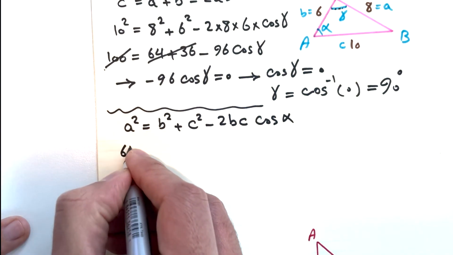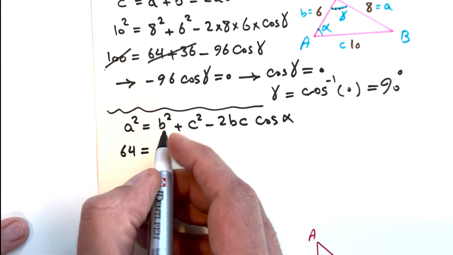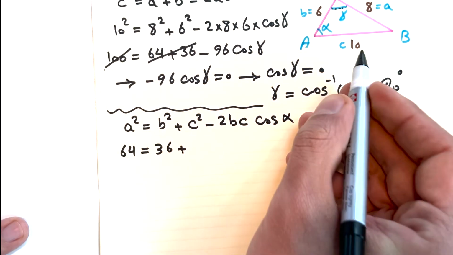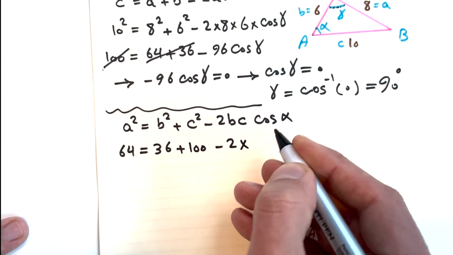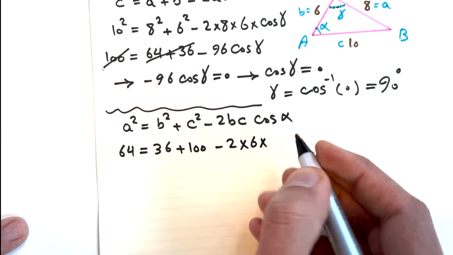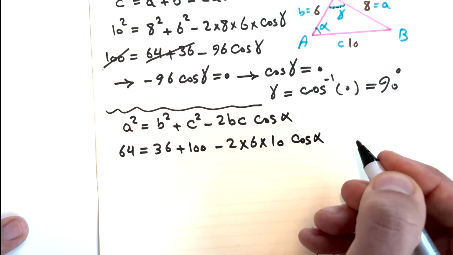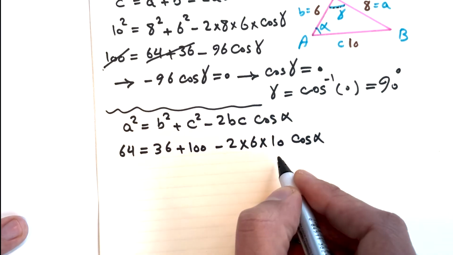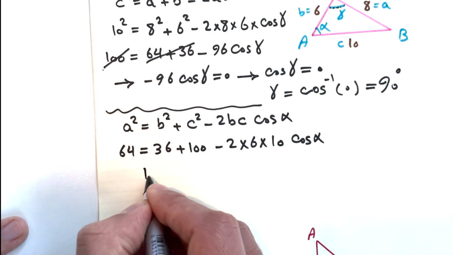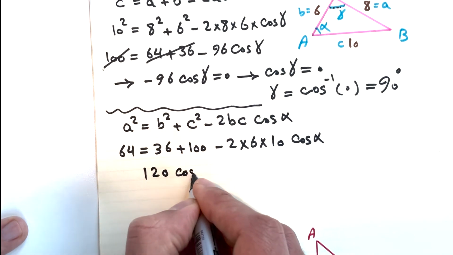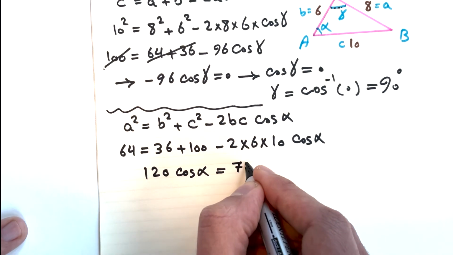This means 64 is equal to a square of 6, which will be 36, plus a square of 10, which will be 100, minus 2 times 6 times 10 cosine alpha. And if you calculate this with your calculator, you'll have 120 cosine alpha is equal to 72.